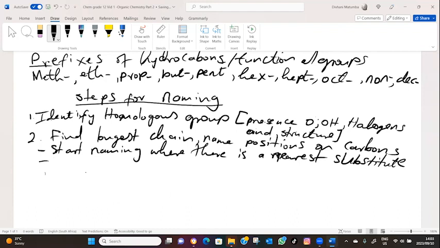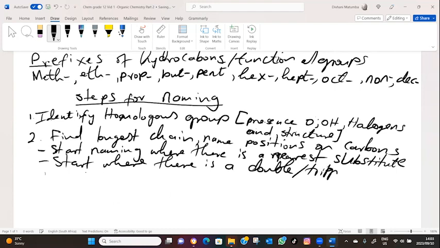The other thing, also start where there is a double or triple bond.